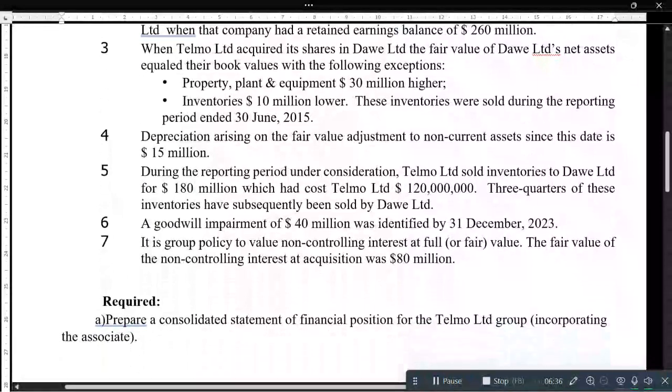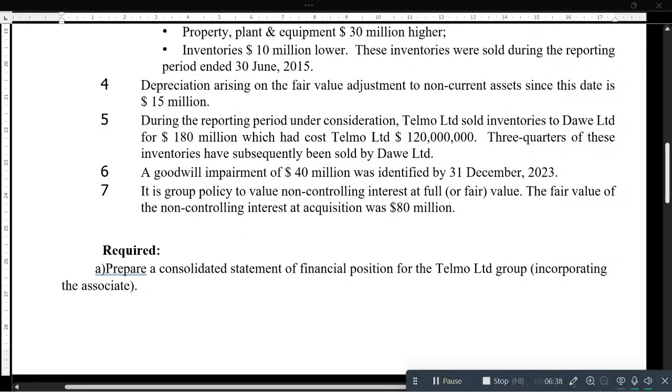And when you check on note 5, during the reporting period under consideration, Teremo Limited sold inventories to Dawe Limited. Now the parent, because we identified Teremo is a parent, and we already identified Dawe is a subsidiary.